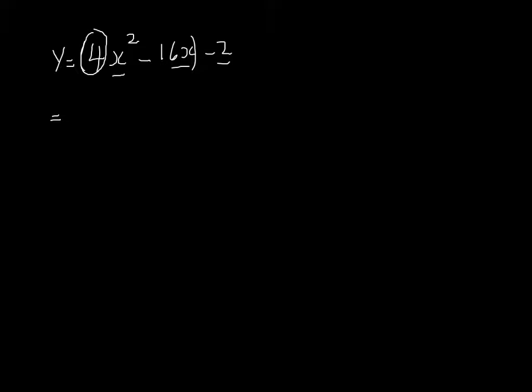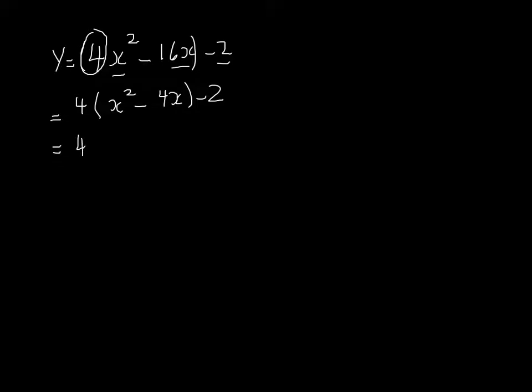So I'm going to factor out 4. 4x squared divided by 4 is x squared. Negative 16 divided by 4 is negative 4. So I get 4 times (x squared minus 4x) minus 2.